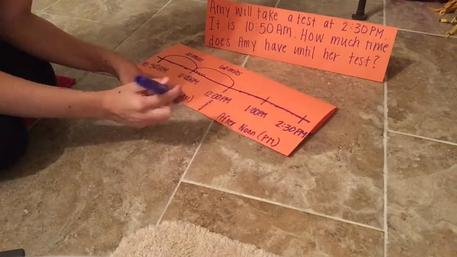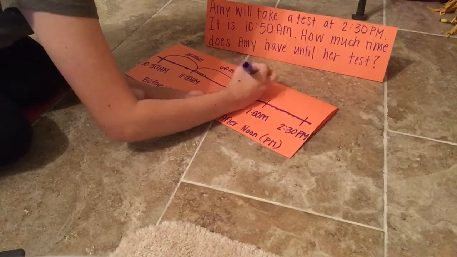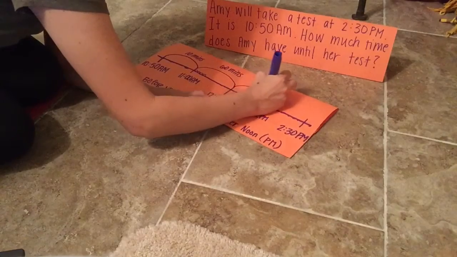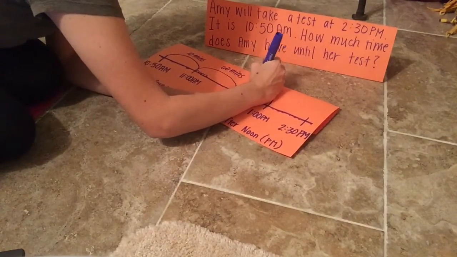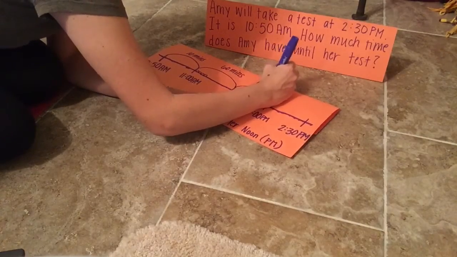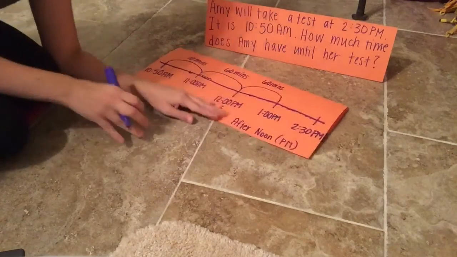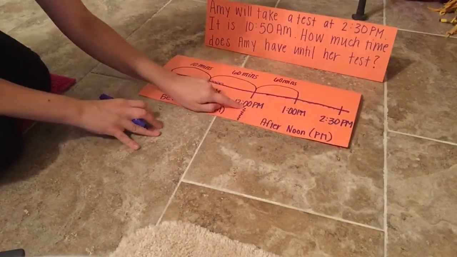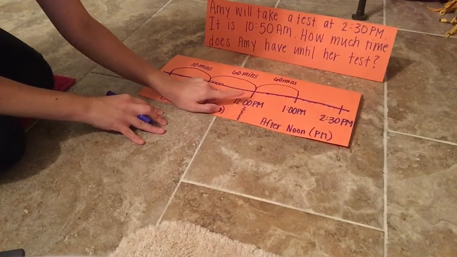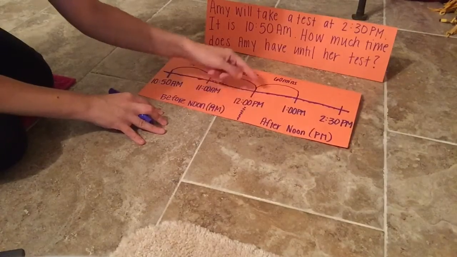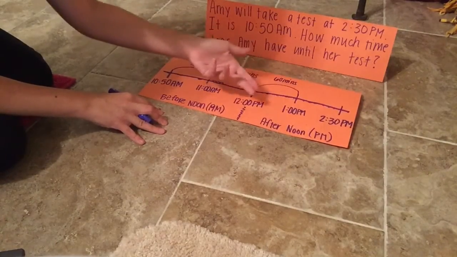So I'm going to make another jump from 12 p.m. to 1 p.m., and that's another 60 minutes right there. So a common misconception whenever you cross that 12 o'clock, either a.m. or p.m., is that students are always going to get confused and want to count from 12, 13, 14, 15.